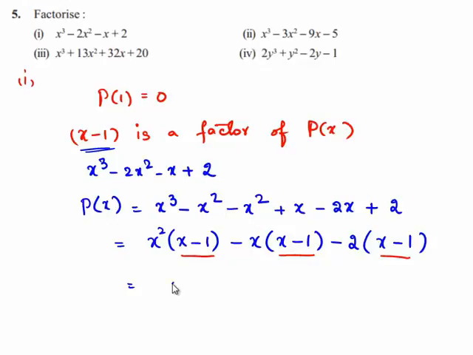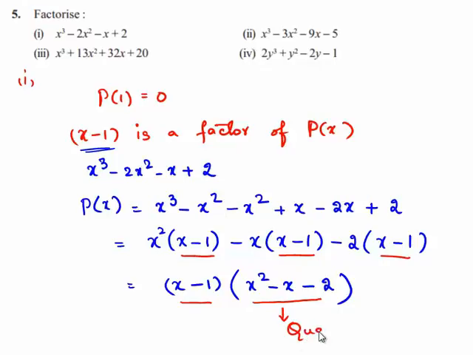So we can write it as x minus 1 times x square minus x minus 2. So the given cubic polynomial is written of the form x minus 1 multiplied by x square minus x minus 2. This is a quadratic polynomial.